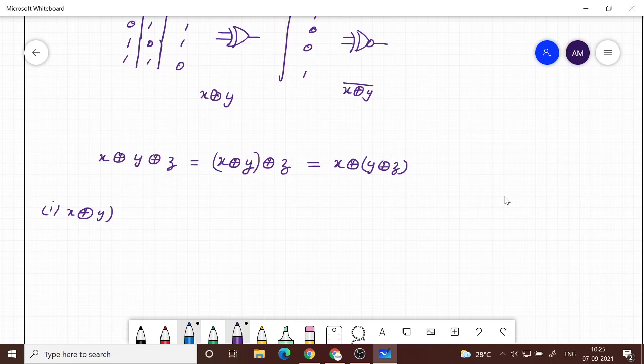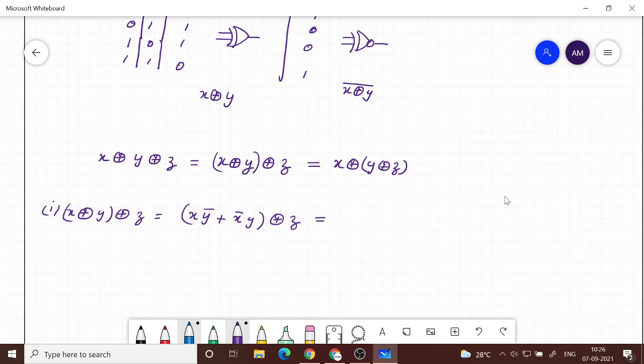So x XOR y, then XOR of that with z. So that is x y bar plus x bar y, like this.